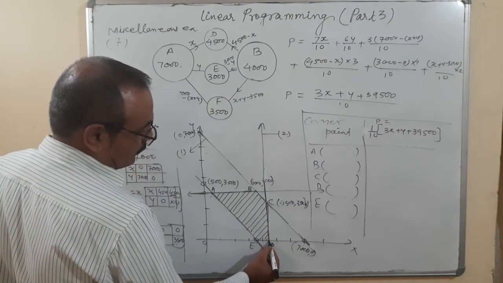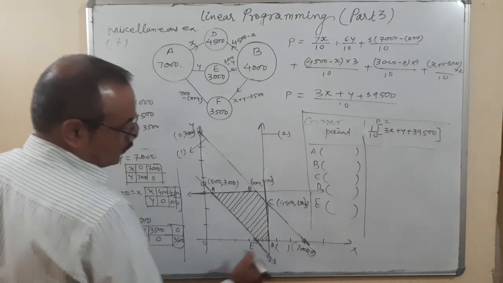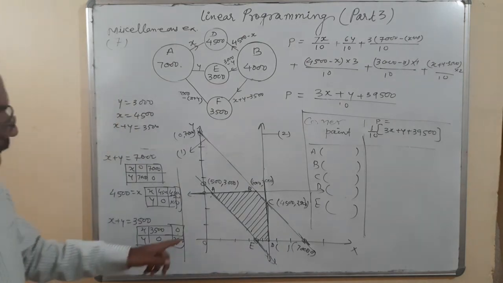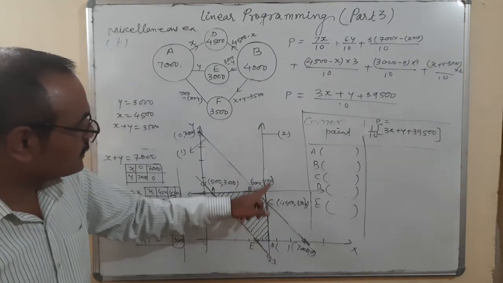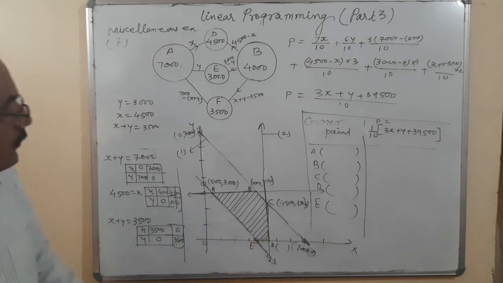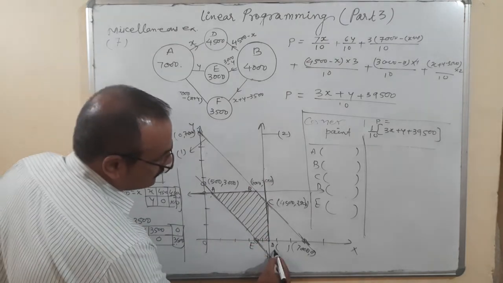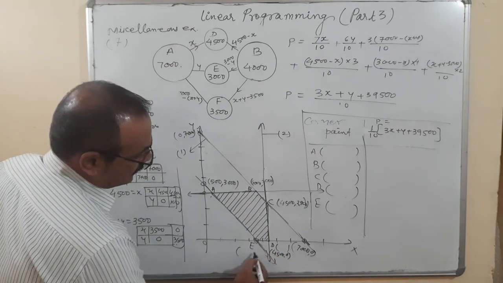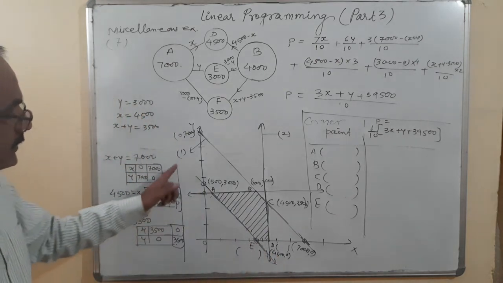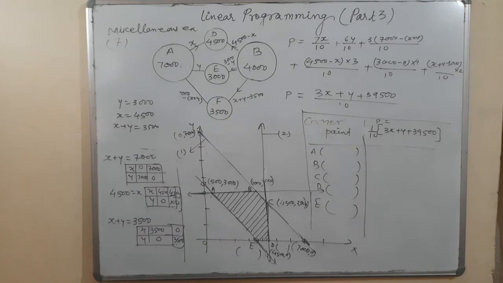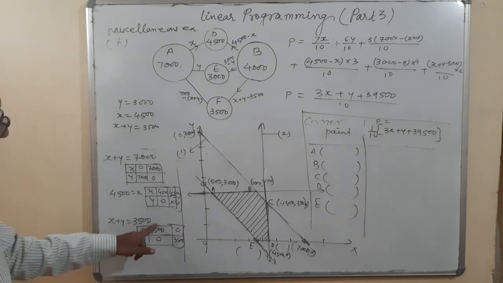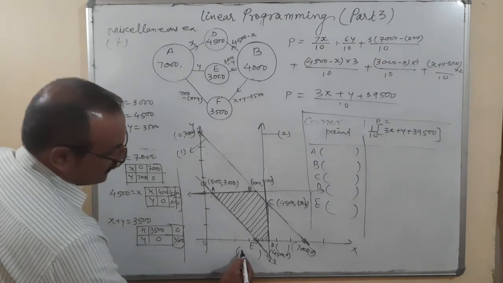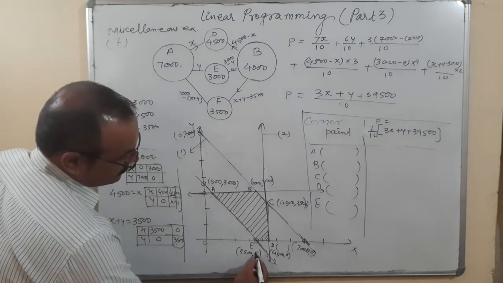Okay, and point D, what is the value of point D? Point D is 4500 comma 0. Point E. What is point E? That is the line which is intersecting on the x-axis. X plus y is equal to 3500 intersecting the x-axis. That means 3500 comma 0.